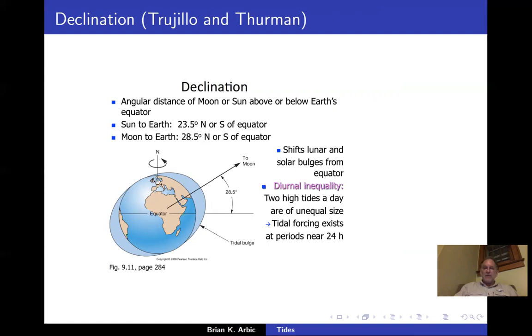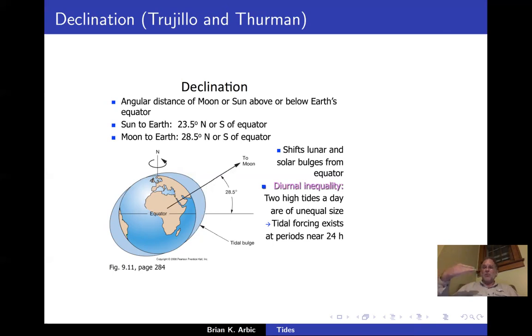So what that means as the Earth is spinning is that this equilibrium tidal bulge is tilted with respect to the equator. And so if you're an observer here, you're going to see an exceptionally high equilibrium tide at this time of the day, but when you get over here, you're still going to see a high tide, but it's not as large, and it's because of this tilt of the moon to the Earth's equatorial plane, which again is due to two things.